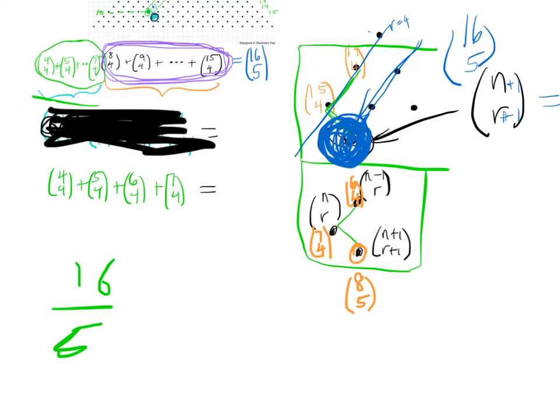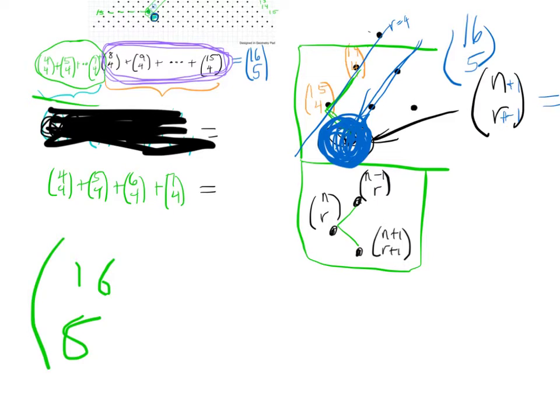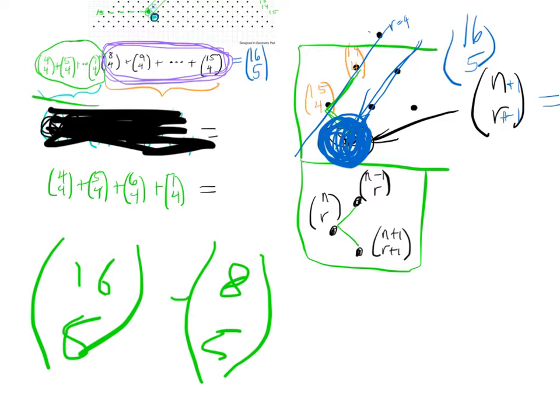Oh, you wrote the fraction. I know. Everybody does that. Anyway, 16 choose 5 minus 8 choose 5, like this. Equals the answer to 13.3.